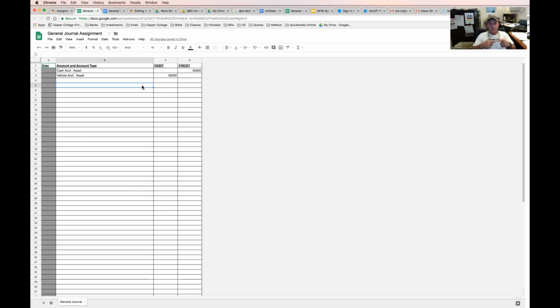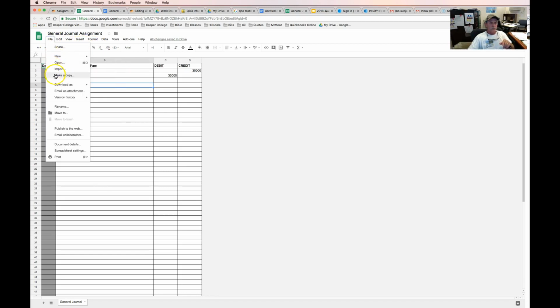Now drop down just so that it's easier for me to correct, and I've got a space there, and just put all your entries right here on this particular spreadsheet. You've got to remember, you're going to have to save this first. You have to go up here and make a copy for yourself and name it.